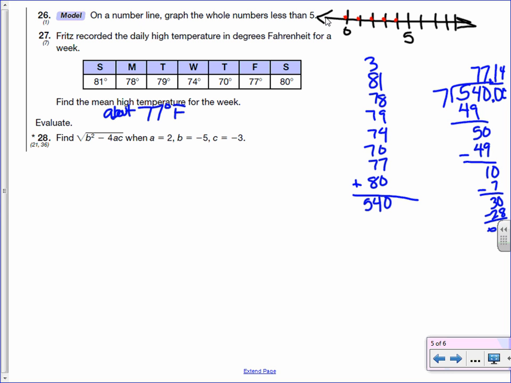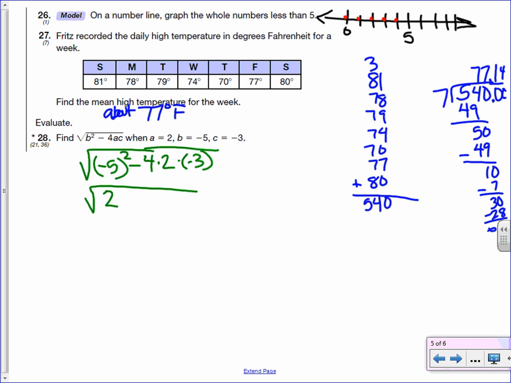Find the square root of b squared minus 4ac when a is 2, b is negative 5, and c is negative 3. Negative 5 squared is positive 25. Negative 5 times negative 5 is 25, and they're the same sign, so it's positive. 4 times 2 is 8.